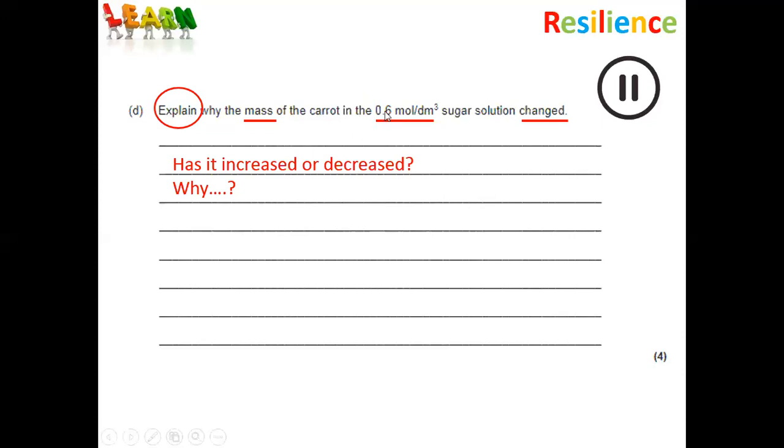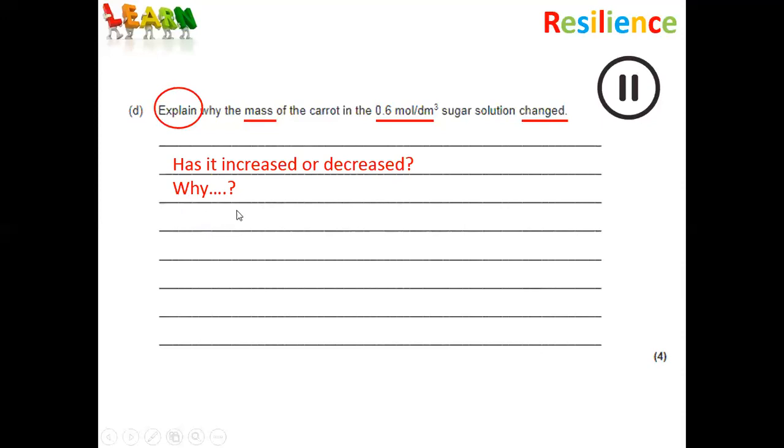So that's the 1, 2, 3, that's the 4th one that they've investigated. Have a look. They've said it's changed. They want you to be able to interpret that data. Has it increased or decreased in mass? So that's your first starting point, because they've not told you, so you should show that you know.